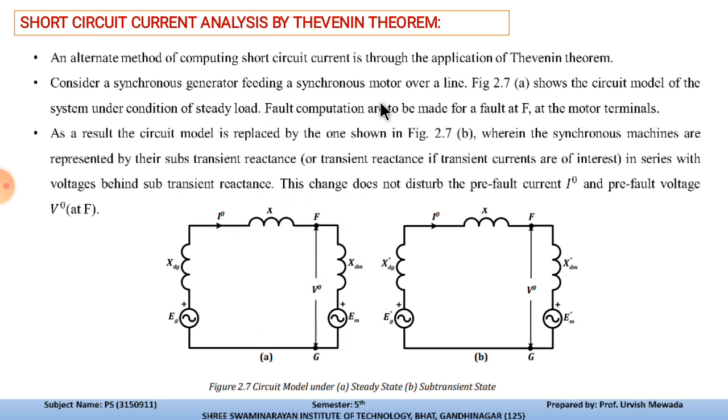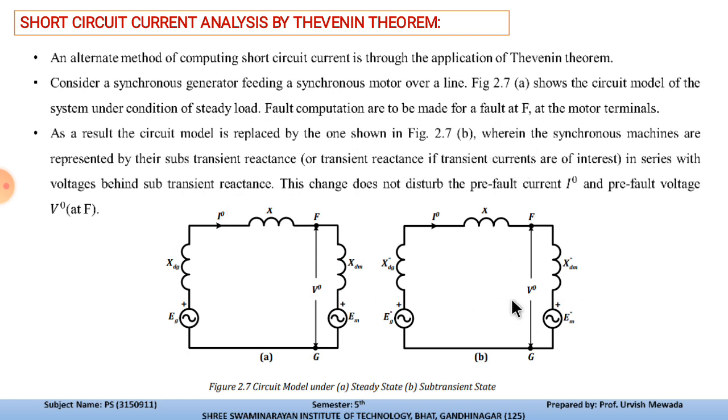Fault computations are to be made for a fault at F. This is the point where the fault will take place, at the motor terminals connected with this system, and as a result the circuit model is replaced by the one shown in figure 2.7b.